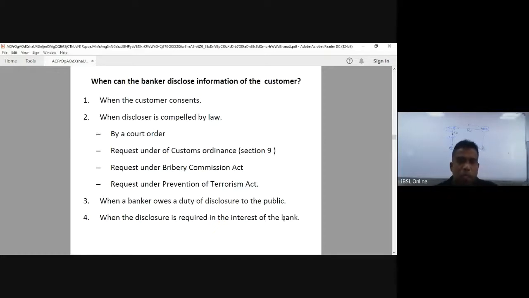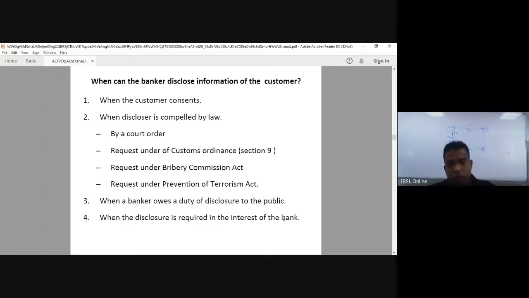Number two, when the disclosure is compelled by law. That means if you have a court order requesting information of the customer, or a request under the Customs Ordinance. If the customs department sends an order requesting information of the customer, or a request under the Bribery Commission Act, or under the Prevention of Terrorism Act, or any request under the Inland Revenue Act.